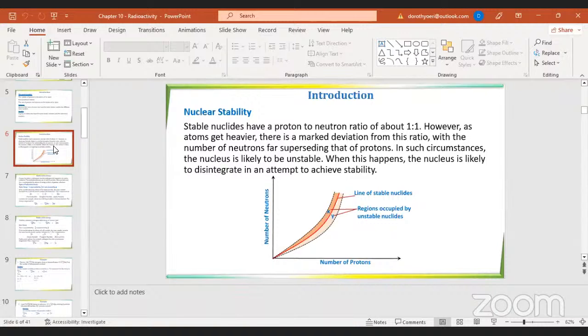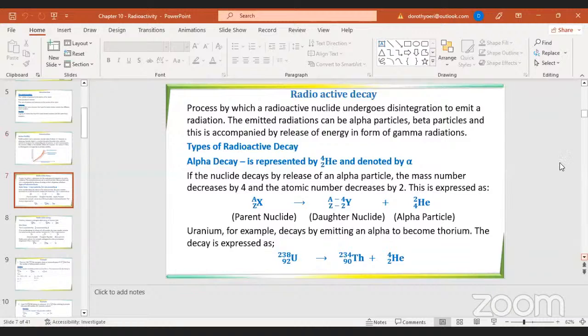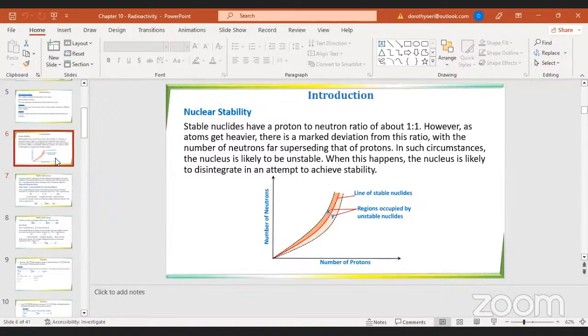If you look at the graph there, the graph that you've been given at that point, sorry, let me go back. If you look at that graph, there's that bold line. There's a line indicating the line of stable nuclides, and then there are regions occupied by unstable nuclides. So any nuclide below or above that bold red line is unstable.